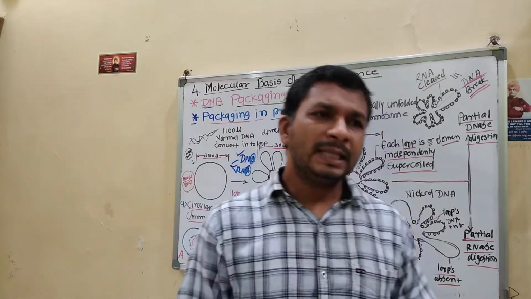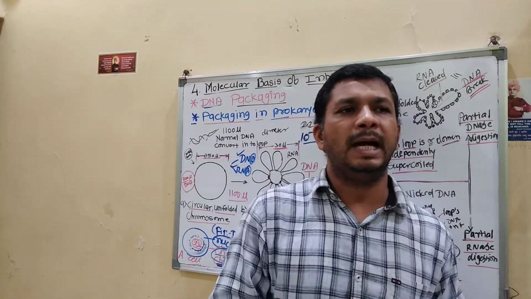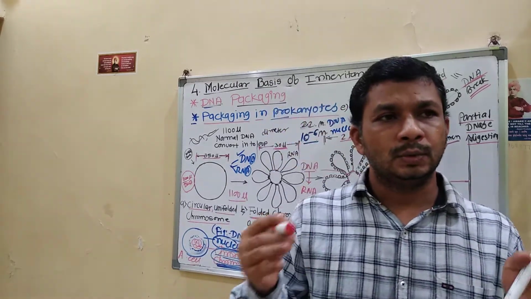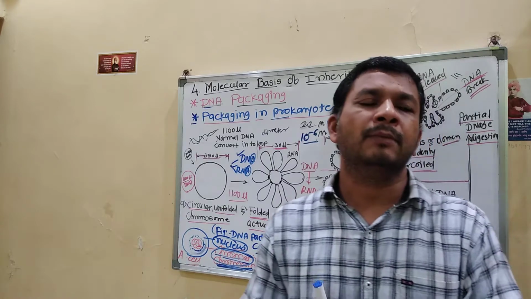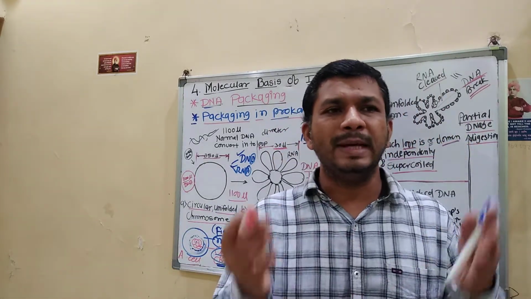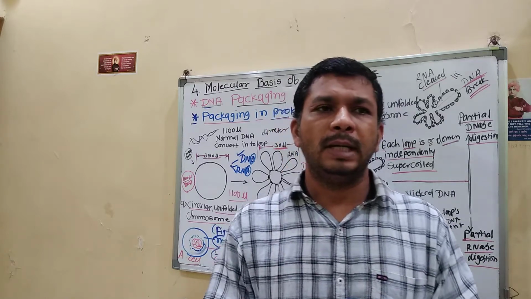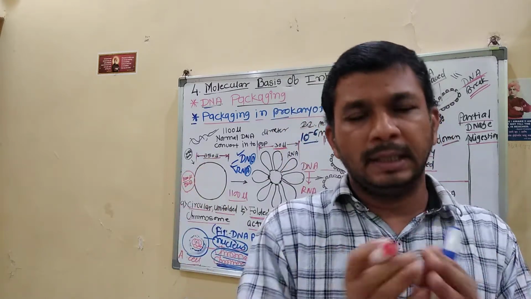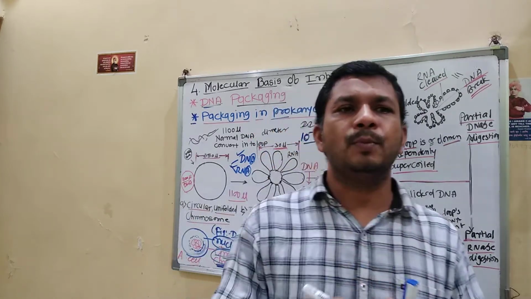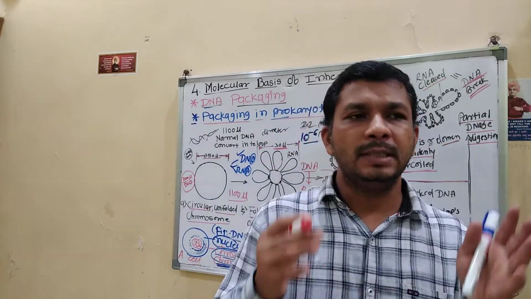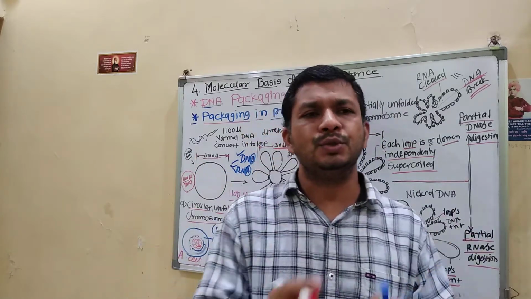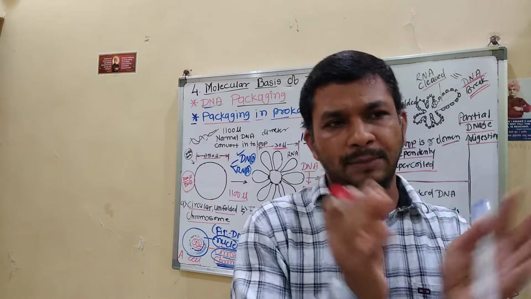Because of that, these are a number of folds, folded into 30 mu in diameter, hence 40 to 50 loops or domains are formed by the RNA connectors, right? Further, these domains are supercoiled and reduced into 2 micrometer in diameter.